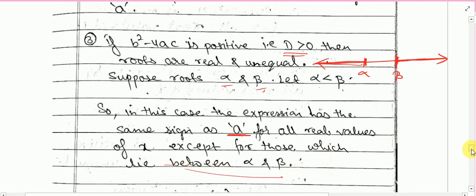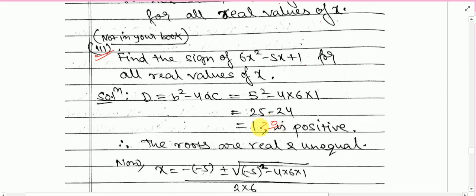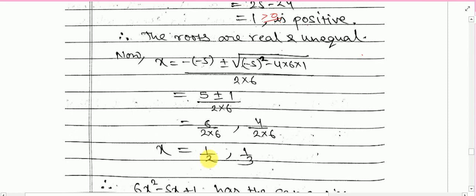So let us see. Here the discriminant came greater than 0, that is positive, so the roots are real and unequal. Firstly we will find the roots. We got the roots 1 by 2 and 1 by 3.